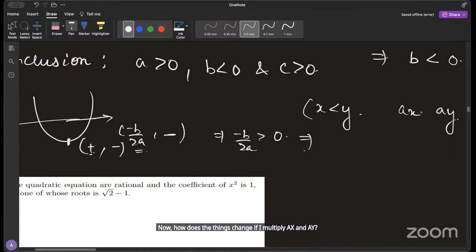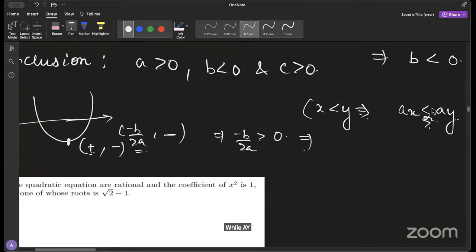Now, what should be the inequality, this one or this one? Should I write greater than or less than?